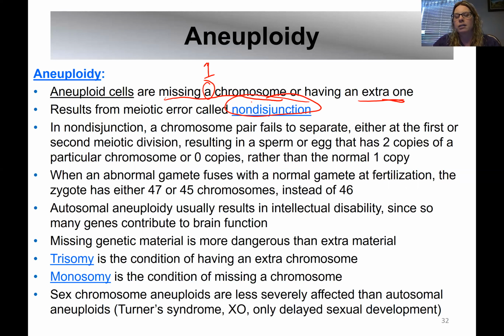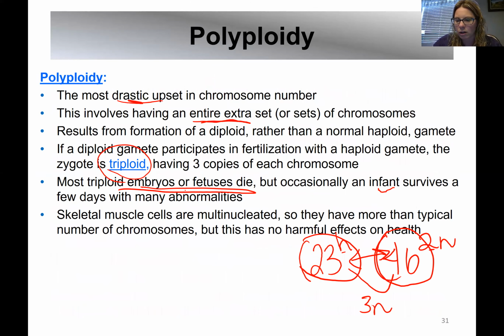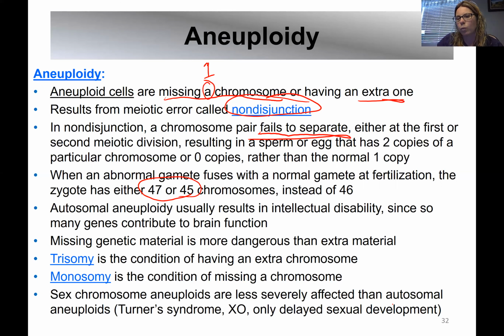Non-disjunction is basically when a chromosome fails to separate during meiosis, and so the zygote will end up with either 45 or 47 chromosomes instead of 46. Here, let's do the math, 69 chromosomes. Here, we're getting 1 extra or 1 less.